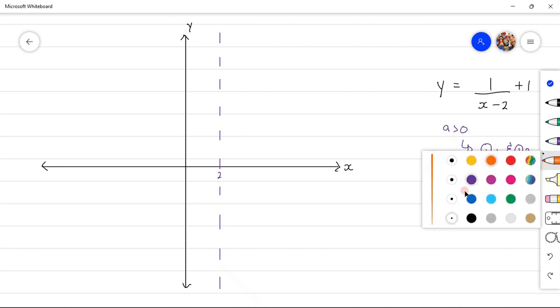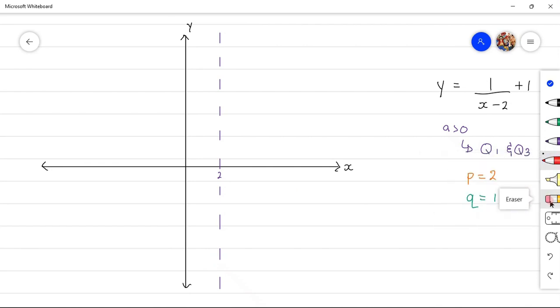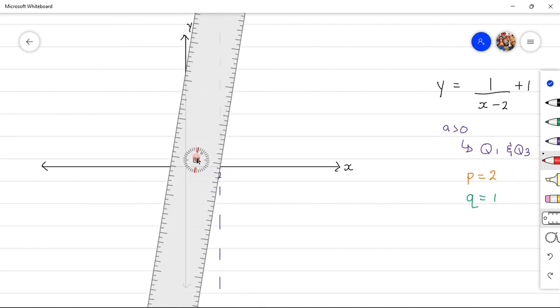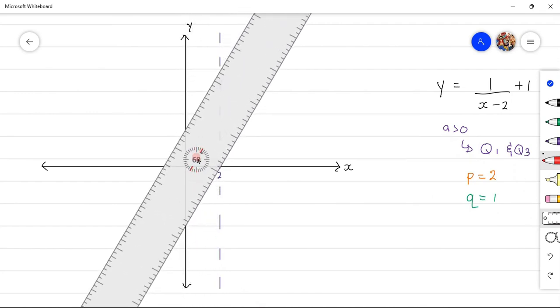Now, I'm going to draw my horizontal asymptote, and that is at the position y equals 1.